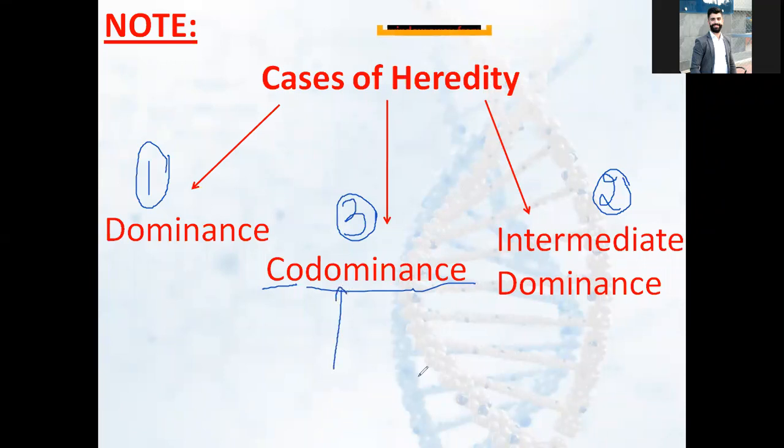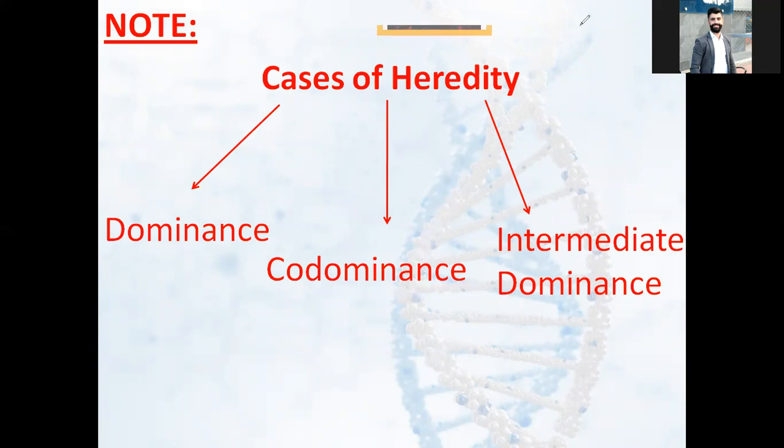It's very similar to the intermediate, and we said both of them will be dominant and both of them will be capital letters, but instead of saying intermediate dominance, it's codominance. And I told my students that codominance is cooperation between two alleles. So two alleles are cooperating with each other.